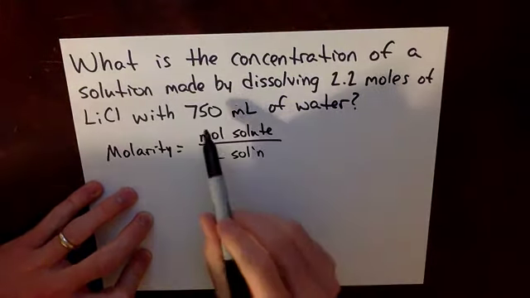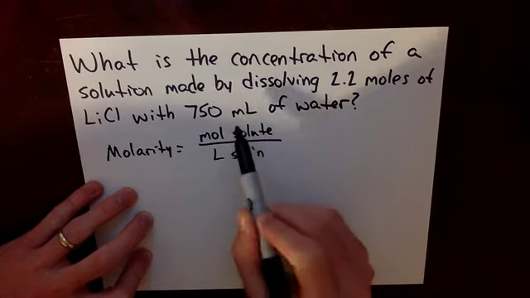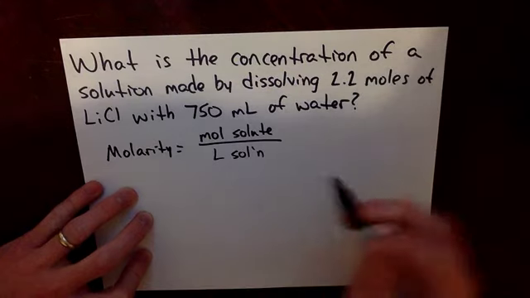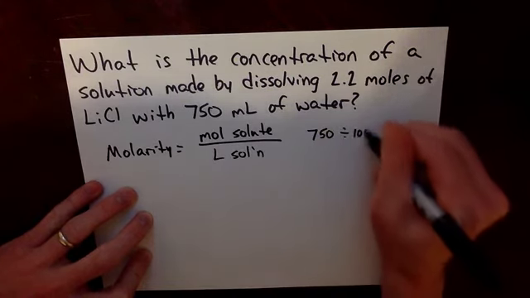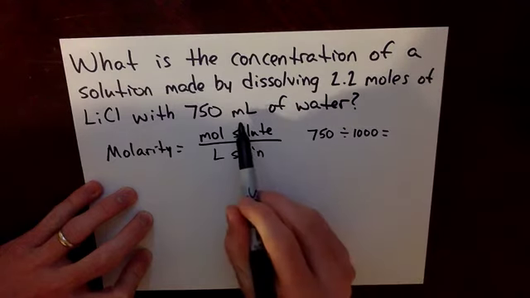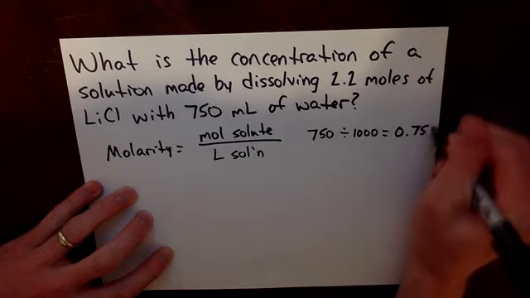And the problem here is this is in milliliters. We have to convert it to liters first. In order to go from milliliters to liters, though, it's just an easy calculation. Just divide it by 1,000, and that will convert you from milliliters to liters. So this is 0.75 liters.